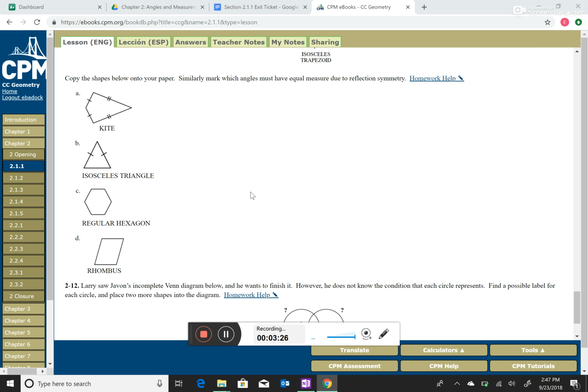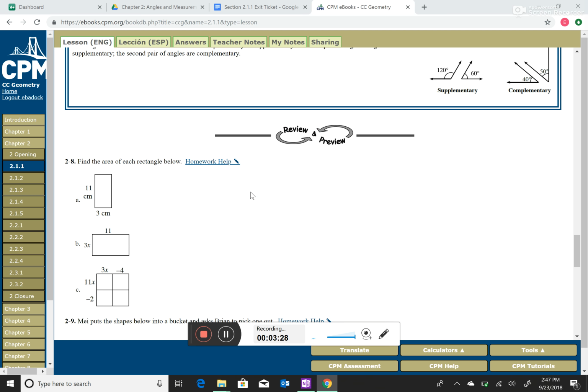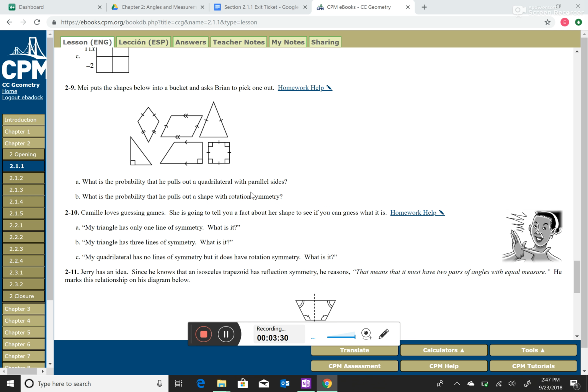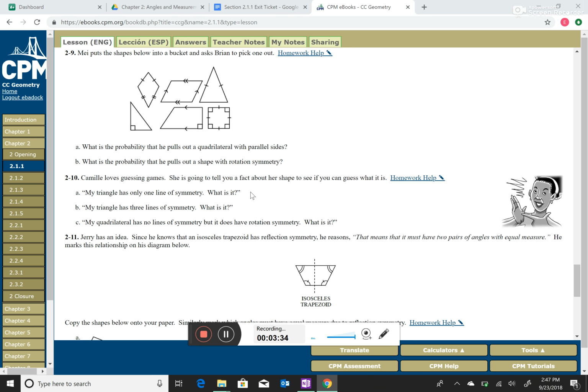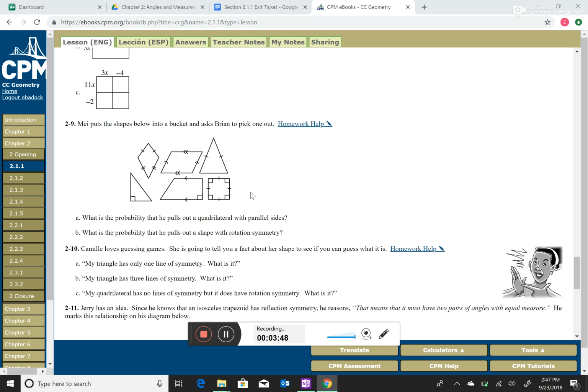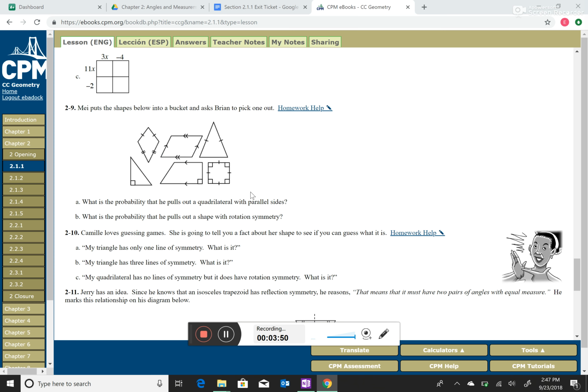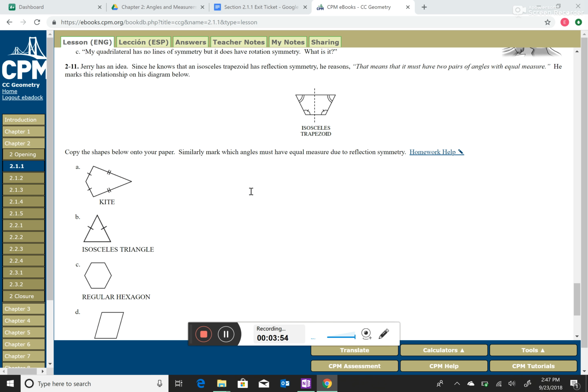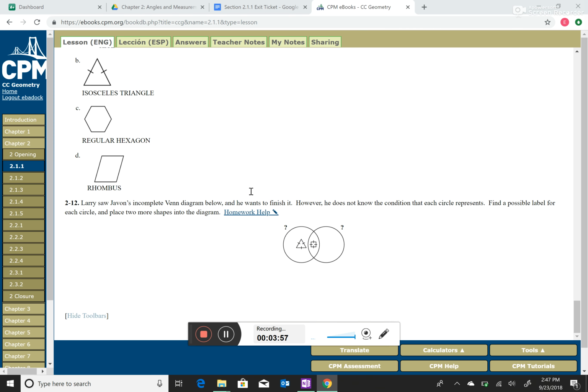I know that a lot of this homework, if you're looking at it, is mostly review from the last chapter. The reason is that they know you haven't taken your test yet. The way CPM is set up, you take your team test, and then a week later you take your individual test, so you can continue to practice the ideas you have learned already. If chapter 1 is something you're still struggling with, I would definitely suggest going over questions 2.9, 2.10, and 2.12 just for practice.